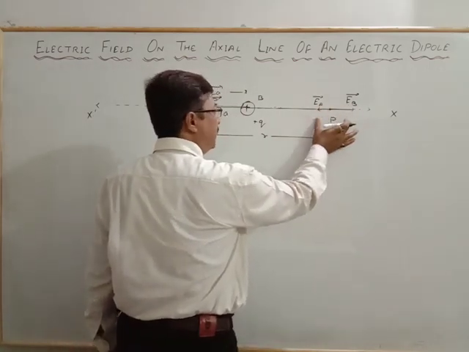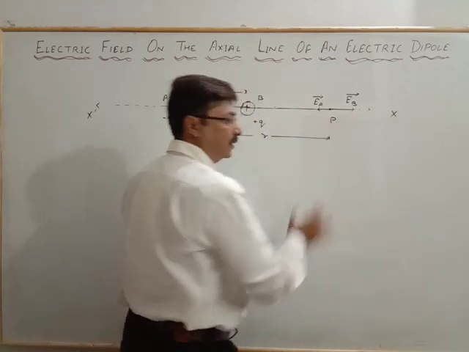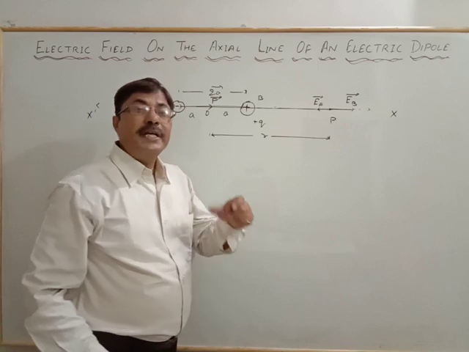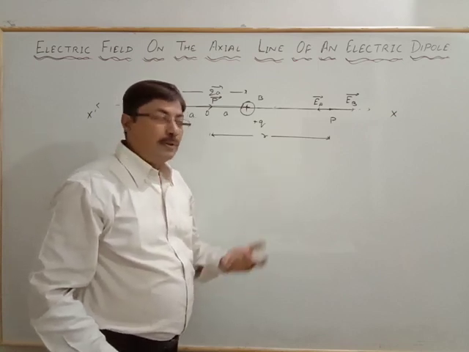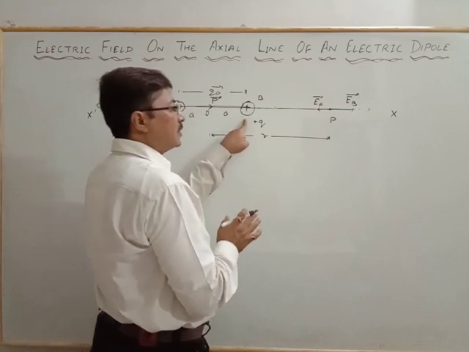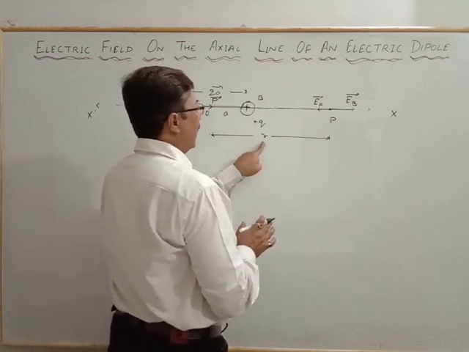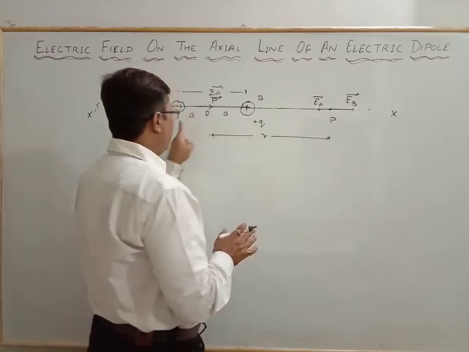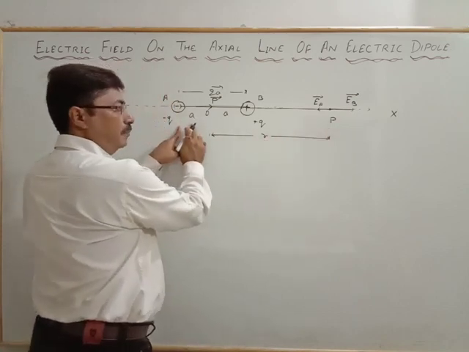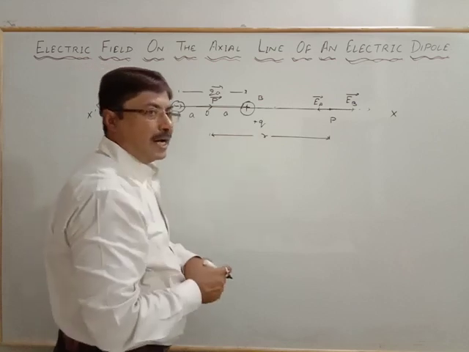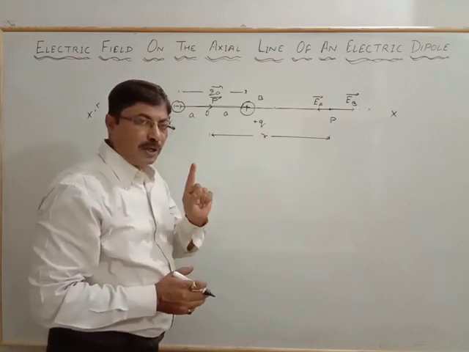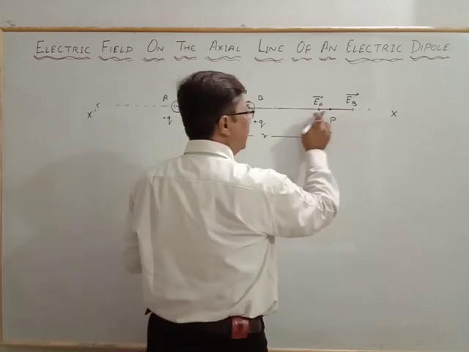The resultant of these two opposite vectors depends upon their magnitude. Which one has the greater magnitude? Obviously the one with the shorter distance to the point P, that is r minus a, while the other has the greater distance, r plus a. r plus a and r minus a are in the denominator of the relation. So in that case, EB is greater than EA.